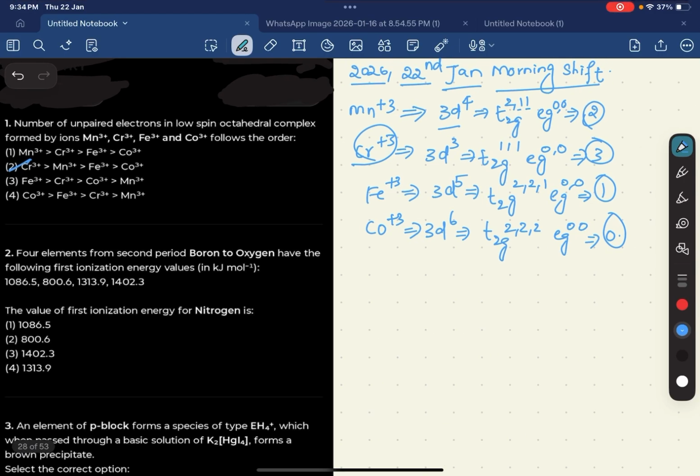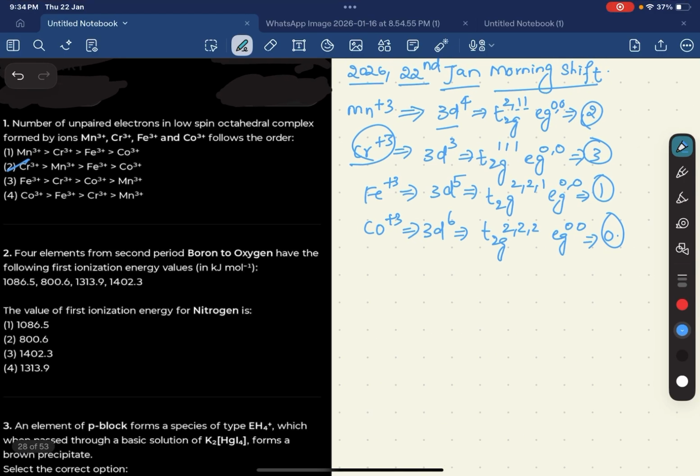4 elements from the second period are given, that is boron to oxygen, with the following ionization energy values. We just have to calculate the value of the first ionization energy of nitrogen. IE1 values depend on electronic configuration and also on size or effective nuclear charge.